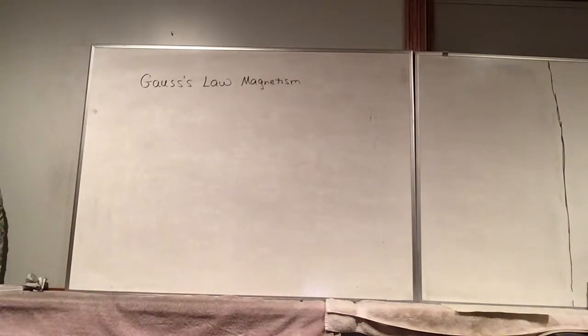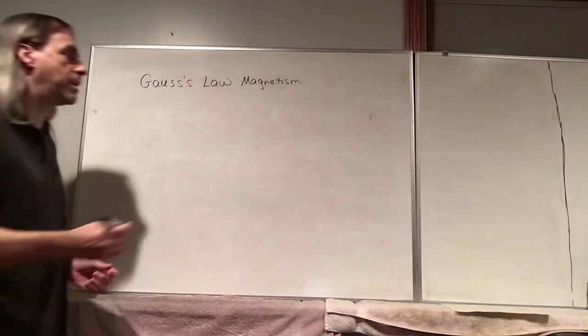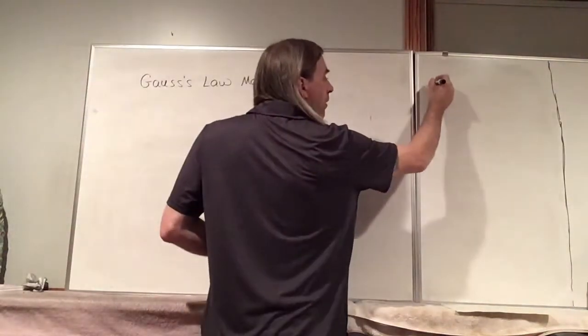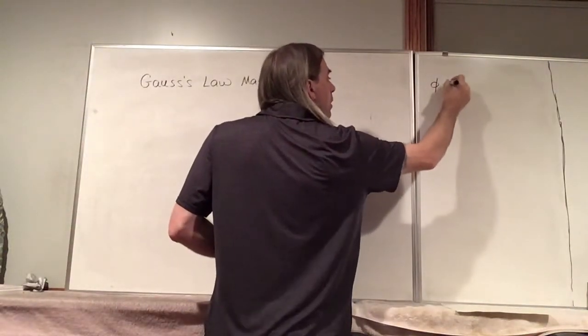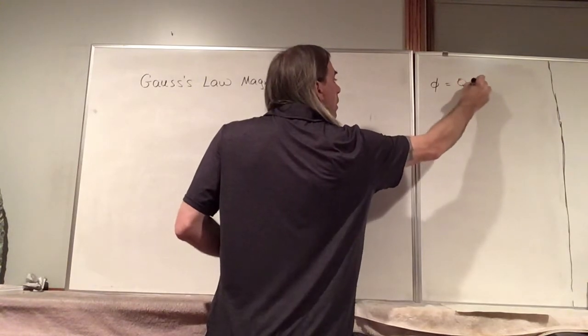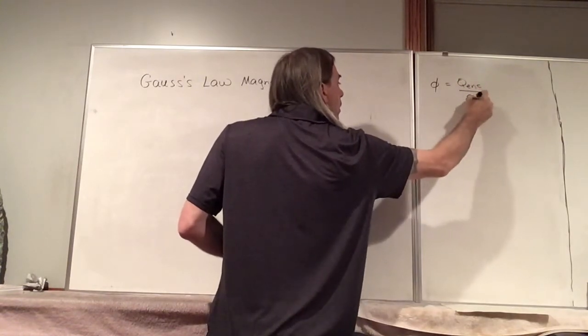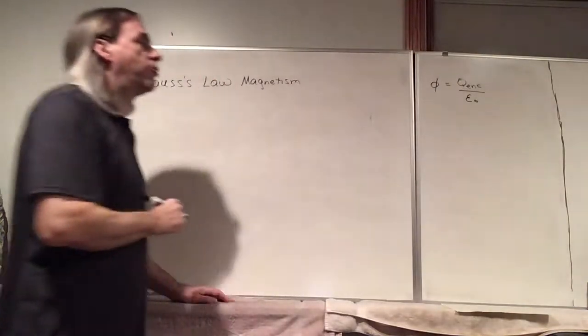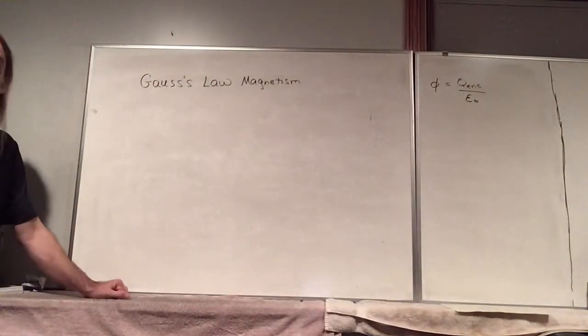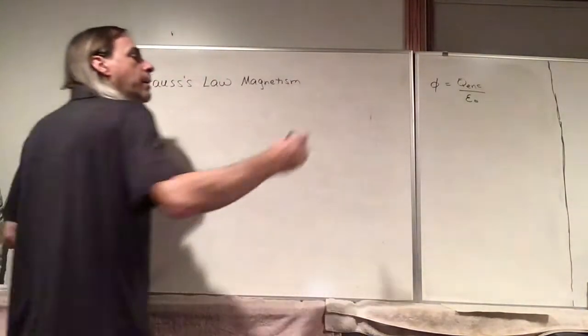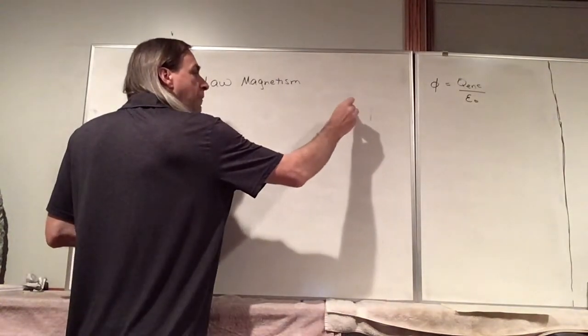So if you remember Gauss's law in electricity, we have the flux is equal to the charge enclosed divided by epsilon naught. So we have to have some closed surface here.